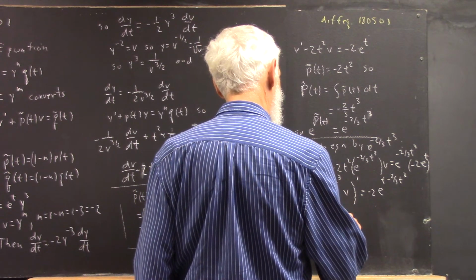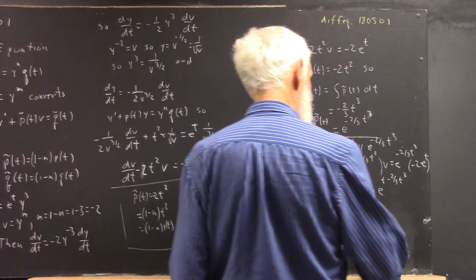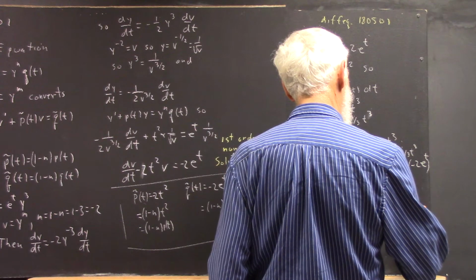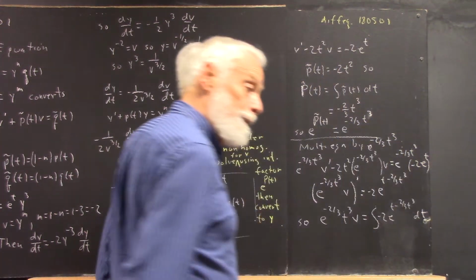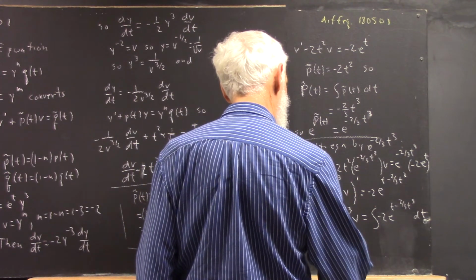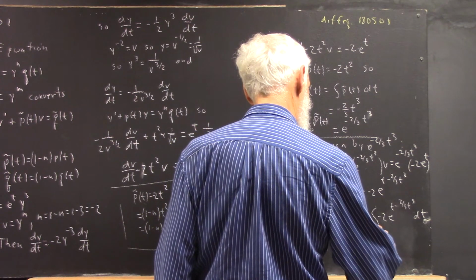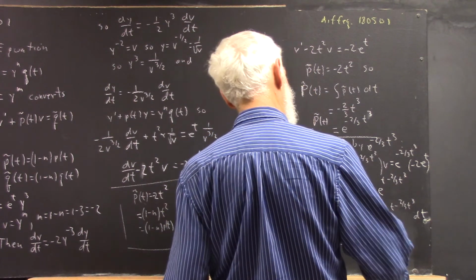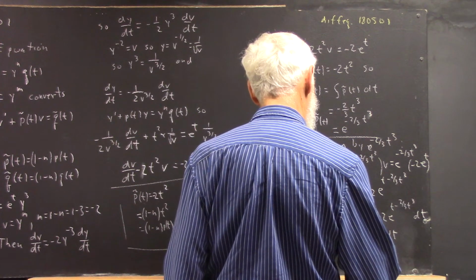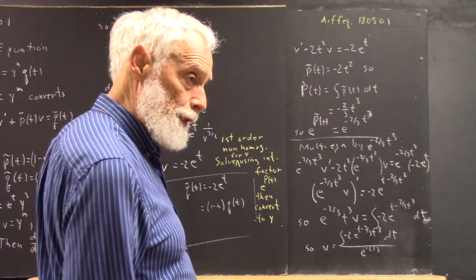So anyhow, e to the negative 2/3 t cubed v equals an integral of negative 2e to the t minus 2/3 t cubed dt. So v equals this integral, over e to the negative 2/3 t cubed.